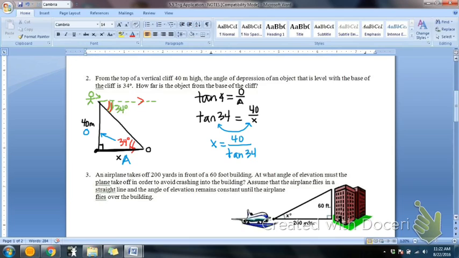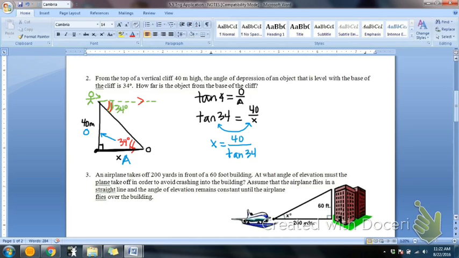Put in your calculator 40 divided by that little tangent button. 34. Enter. What? 59 point what? 59.3. Did anyone else get 59.3? Yes. Good. 59.3, and it's talking about the length of something.